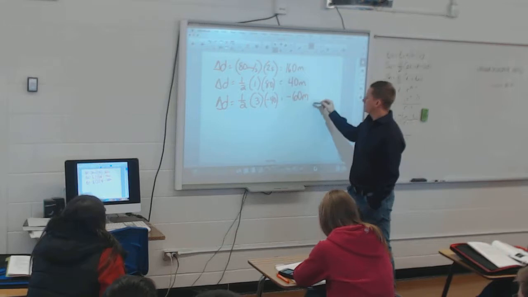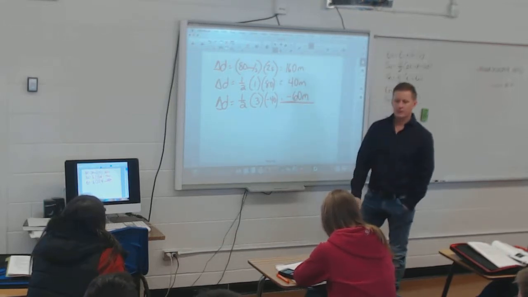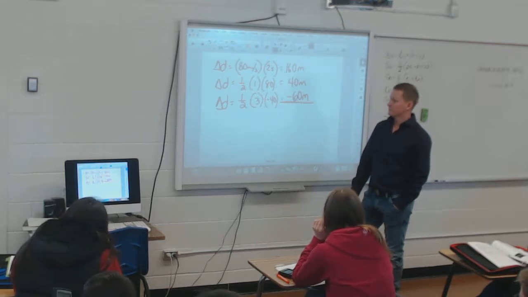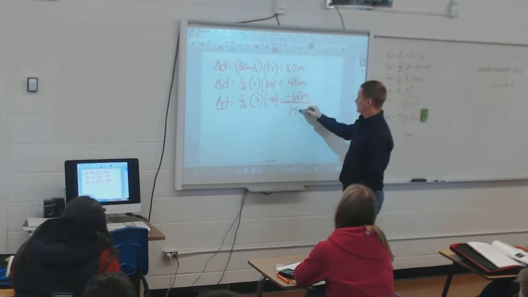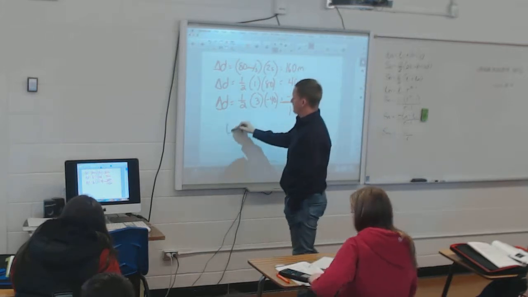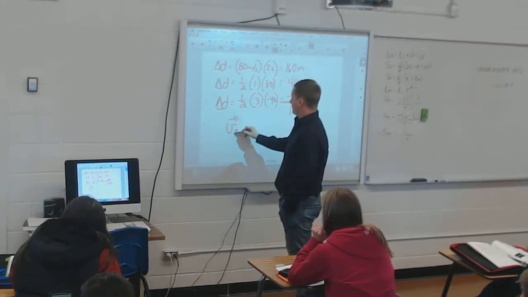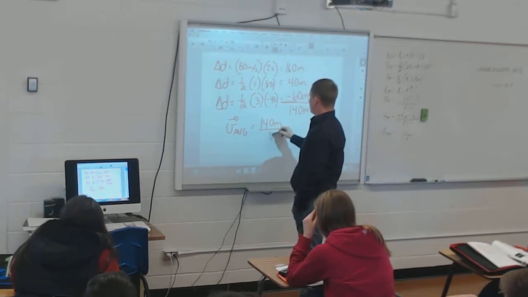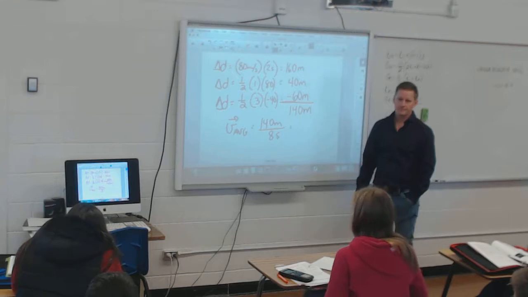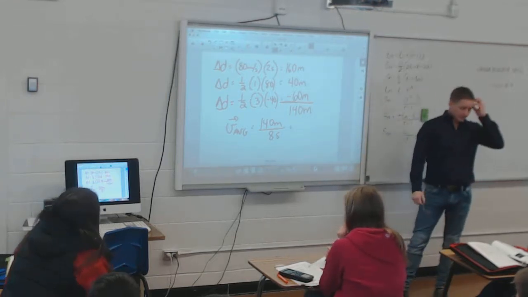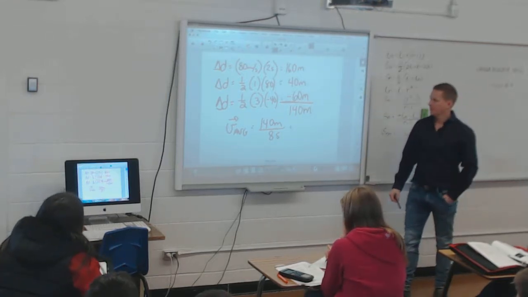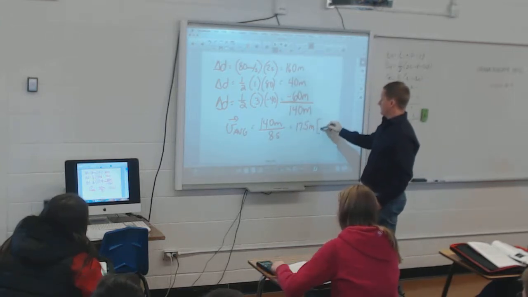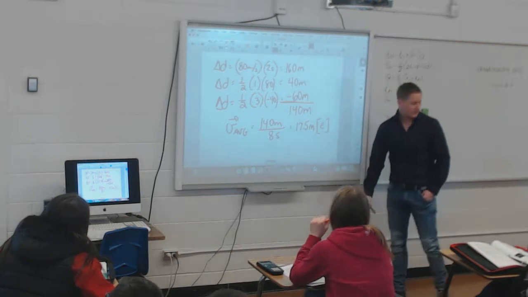So what does that equal? So you're at 140 meters, your average velocity, 140 meters over 8 seconds. You follow that? And they said that east was the positive in this case.